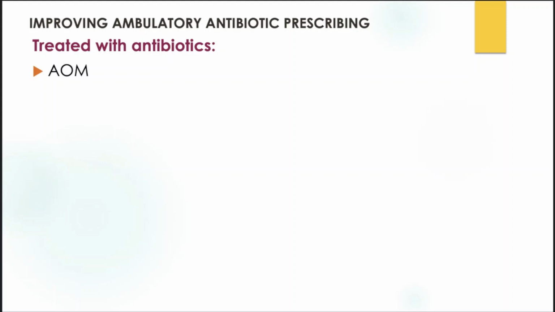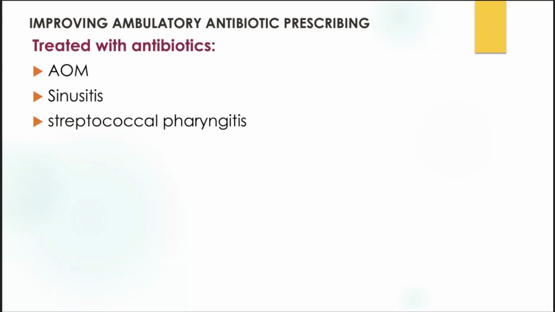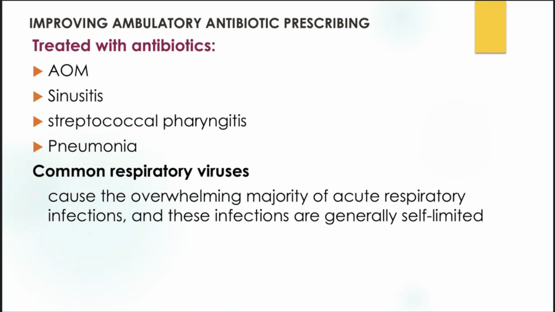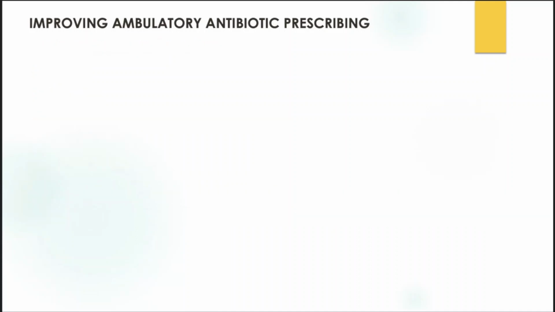Here are a few of the conditions that should be treated with antibiotics: acute otitis media, sinusitis, streptococcal pharyngitis, and pneumonia, because these are commonly caused by bacterial infections. The common respiratory viruses may cause the overwhelming majority of acute respiratory infections, and these infections are generally self-limited, so they don't particularly require treatment with antibiotics.